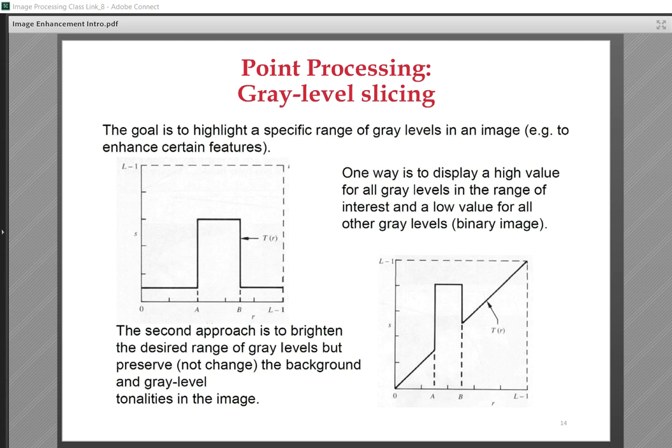And this means a binary transform, or a binary image.